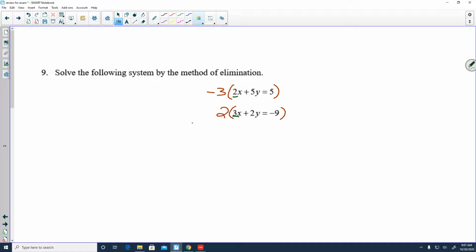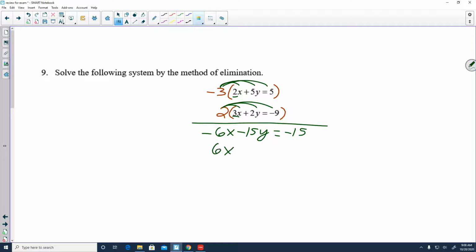So now let's see what happens when we do that. Remember to distribute, multiply everything in the equation by that number. We're going to get negative 6x minus 15y equals negative 15 on the top. And on the bottom, when I multiply everything by positive 2, I get positive 6x plus 4y equals negative 18.